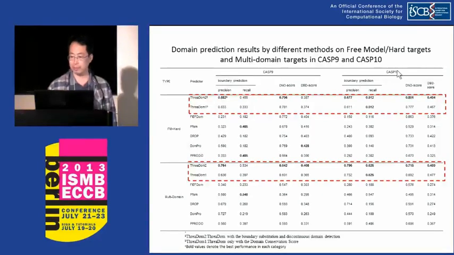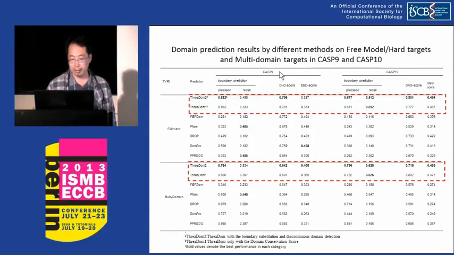We found that for the between-categories targets, ThreaDom 1 and 2 rank the top 2 here. In this, it's much better than other methods.